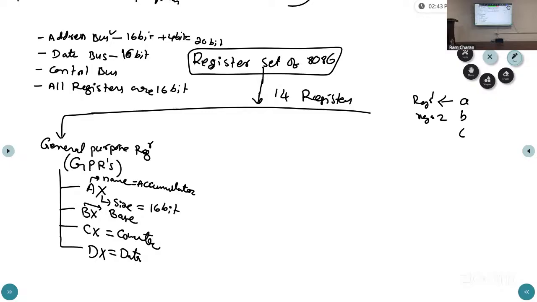So initial value, incrementing or decrementing, then step value, then final value. Similarly, the CX register is also used for that purpose. So that's why CX is called the counter register.